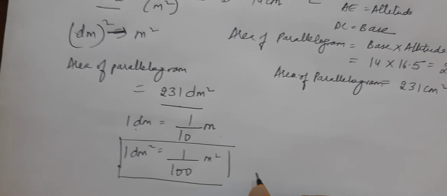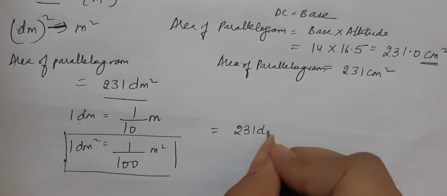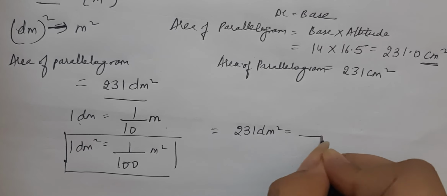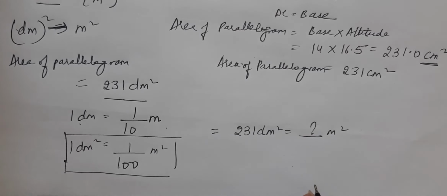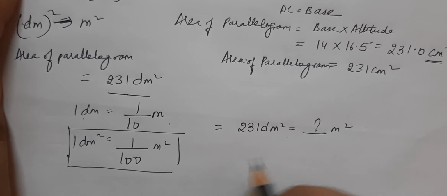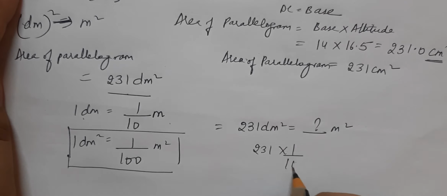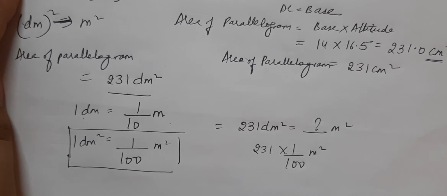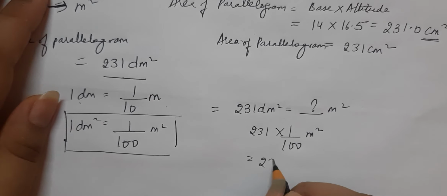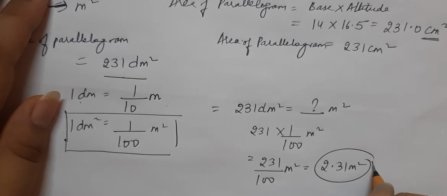I will simply convert 231 decimeter square into meter square. 1 dm square equals 1 by 100 meter square. So 231 will be 231 into 1 by 100 meter square. So it will be 231 upon 100 meter square, that is 2.31 meter square.